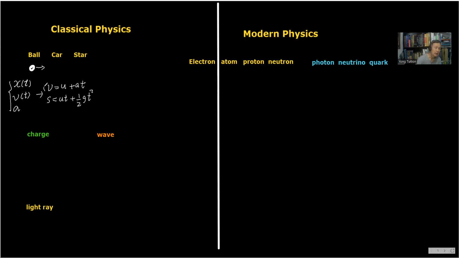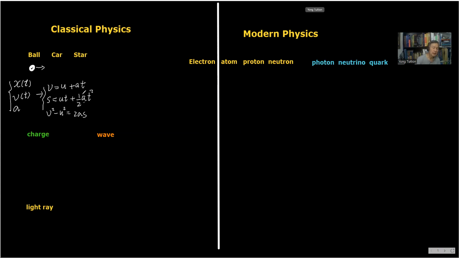In addition, v squared minus u squared equals 2as. Here we just use a for acceleration.